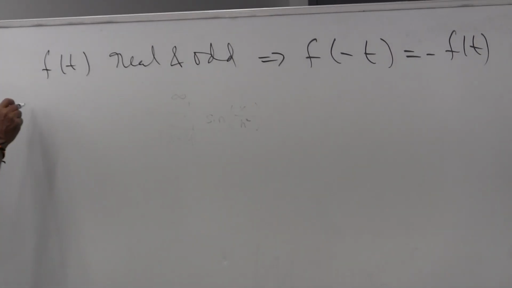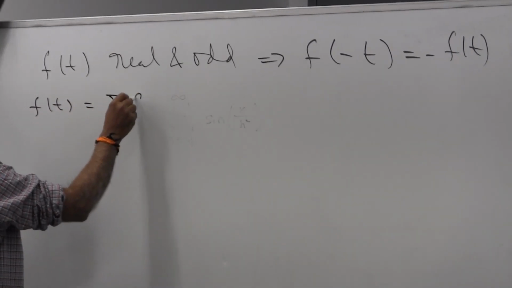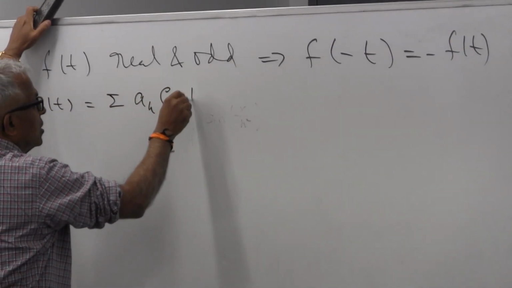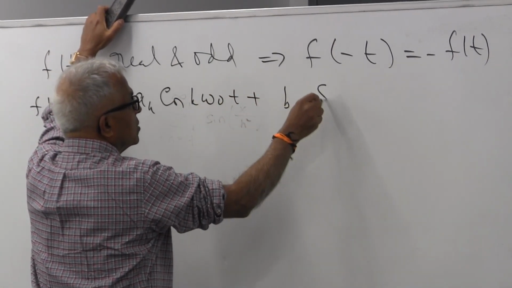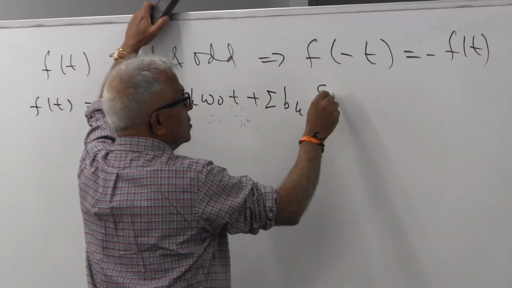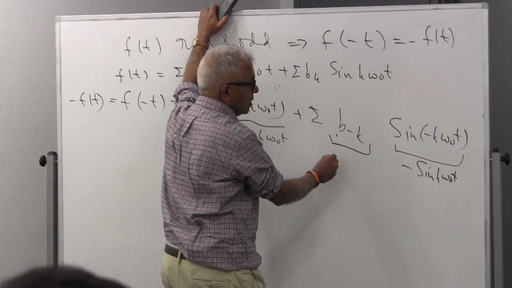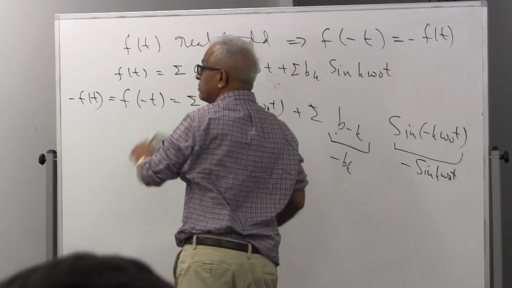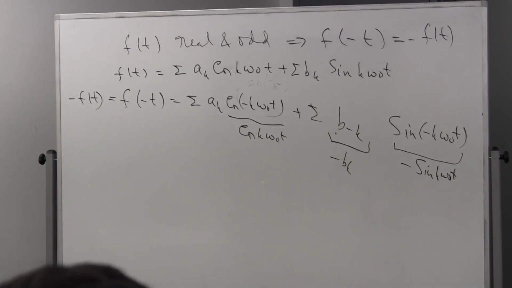Here let's see, f(t) is sigma ak cos k omega naught t plus bk. And b of minus k? Minus. Yeah, because look somewhere here, we did this, right? b of minus k is minus bk.